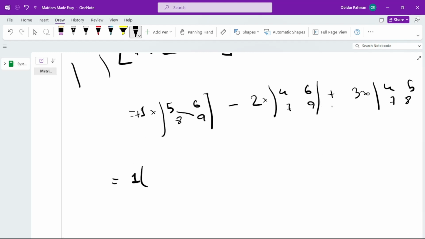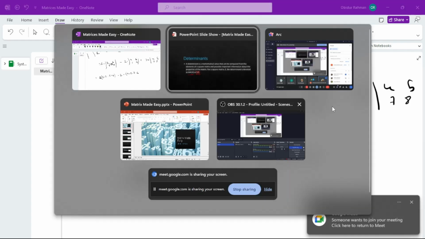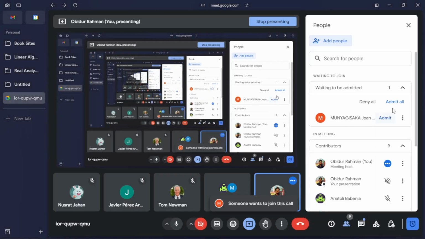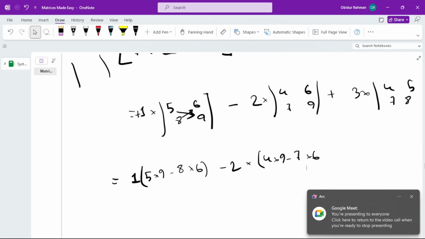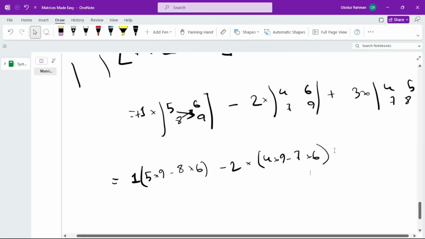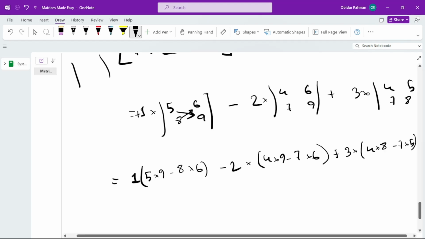1 times 5 times 9 minus 8 times 6, minus 2 times 4 times 9 minus 7 times 6, and then the final one, 3 times 4 times 8 minus 7 times 5.